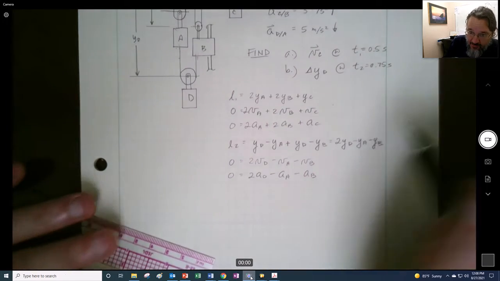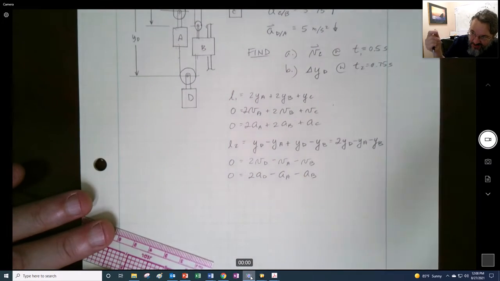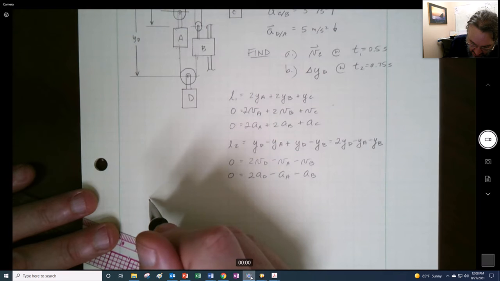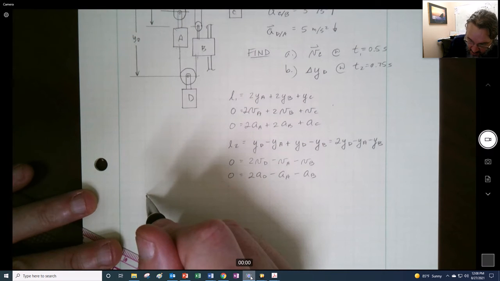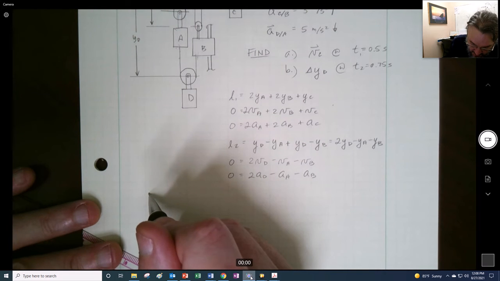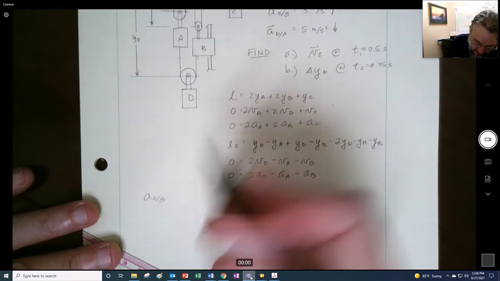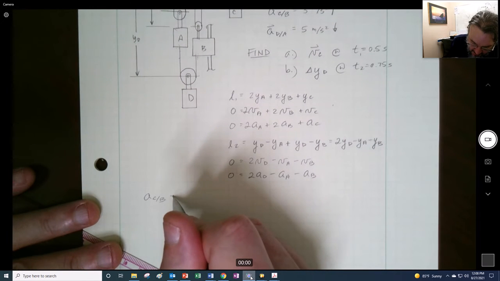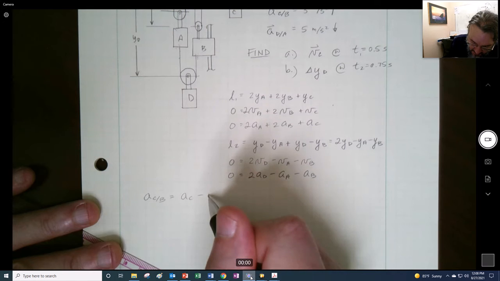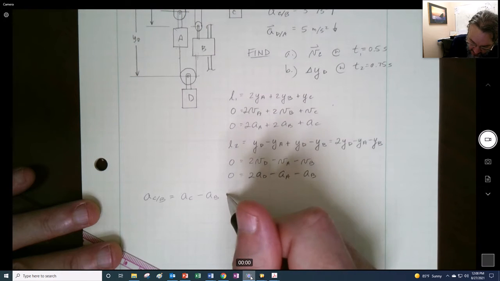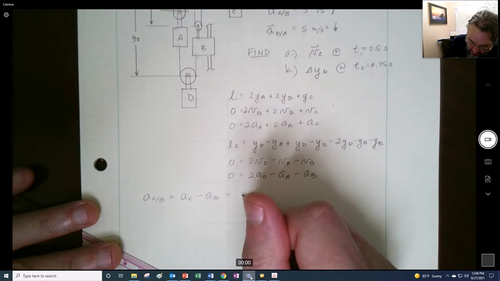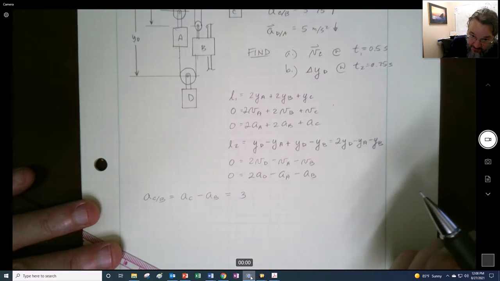Now that we have that, we do a reset of our coordinate axes and say up is positive, just as you would expect. So the acceleration of C with respect to B, I could keep the vector hats on there, is the acceleration of C minus the acceleration of B, equal to positive 3.